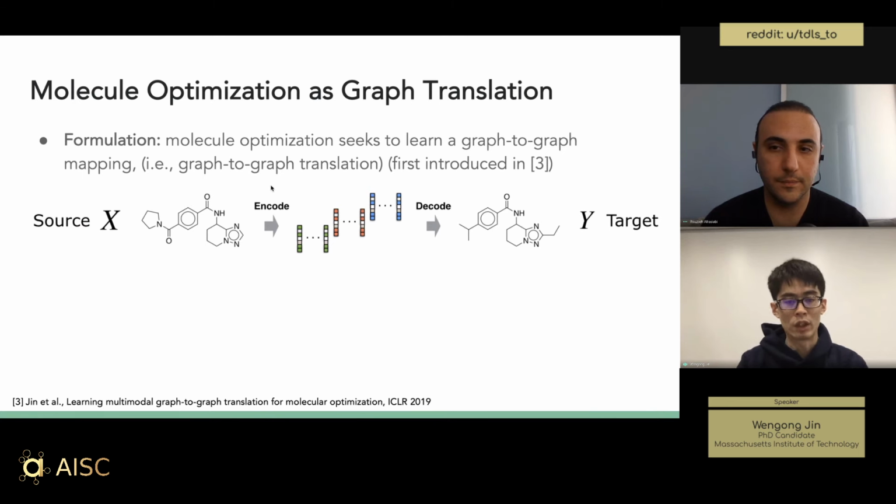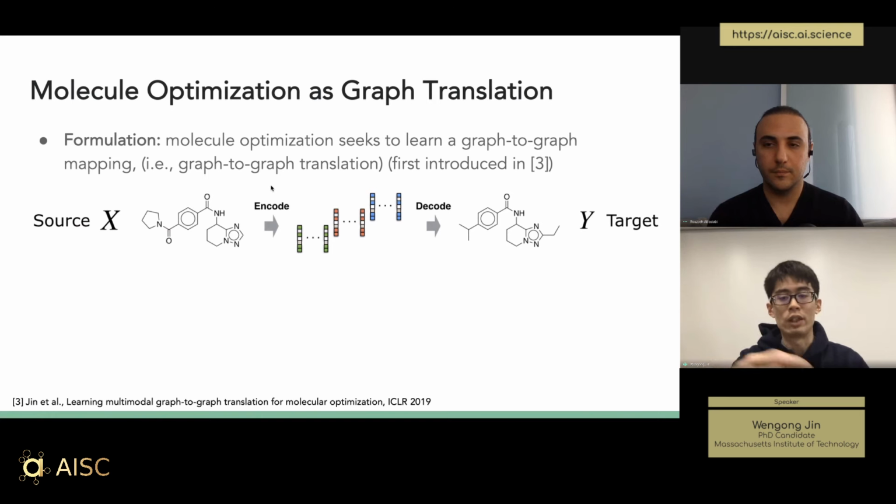When we attach this motif to the current graph, we will also make sure that it does not violate any of the chemical constraints. To be more specific, when you attach this motif to the current graph, I will just use RDKit to check whether this attachment is valid according to the RDKit chemistry rules.